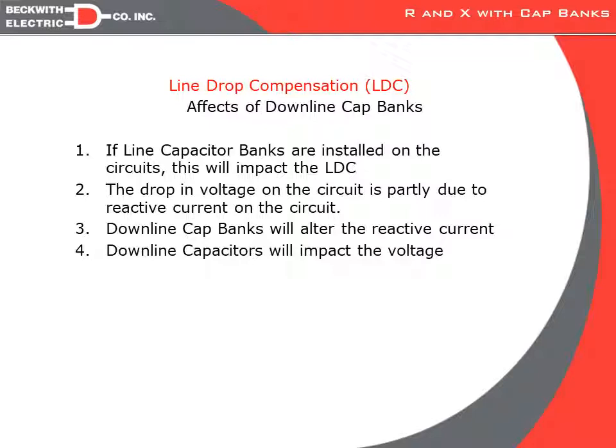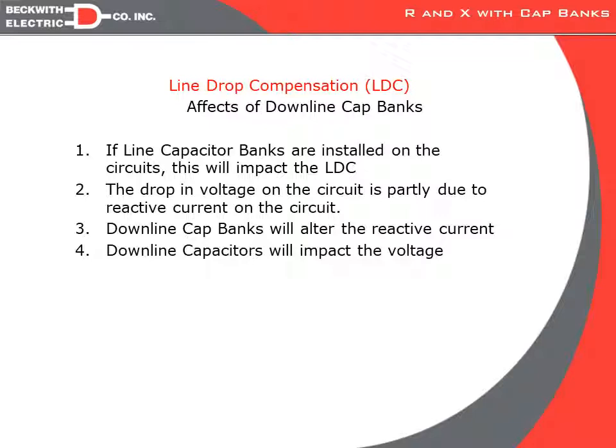And it impacts it in two ways. First of all, it is supplying reactive current, and that reactive current has to go from the cap bank to the load through the line, and therefore that will cause some drop. But at the same time, when the capacitor is closed providing that current, it's also providing a voltage lift downstream. So we've got the combination on one end: the cap bank is going to cause additional voltage drop as that reactive current is going through the line to get to the reactive load.